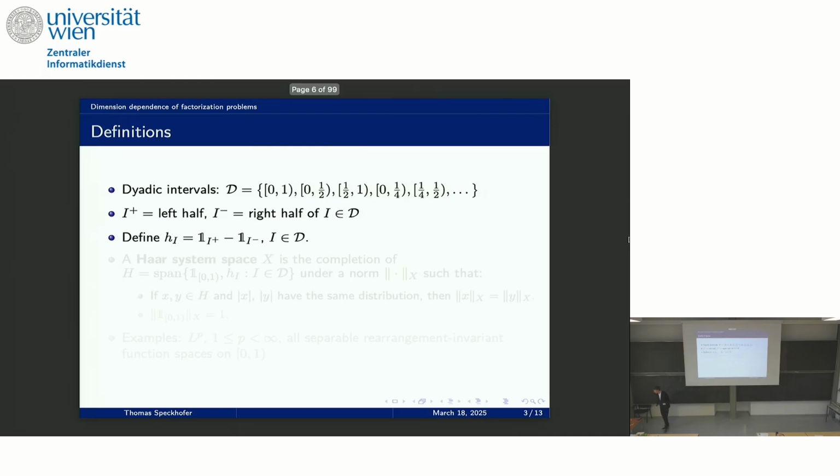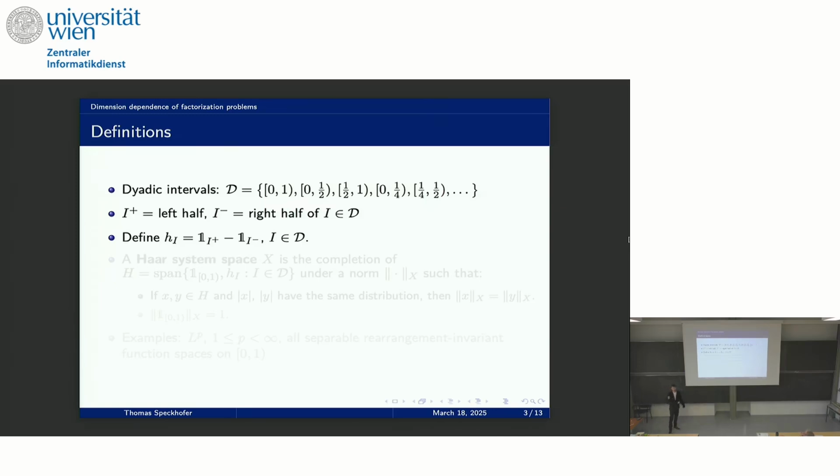And associated with a dyadic interval, we define the Haar function h_I to be plus 1 on its left half and minus 1 on its right half. So it looks like this. And this is the interval I.